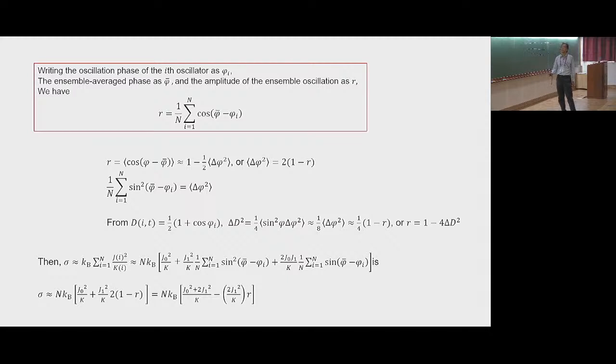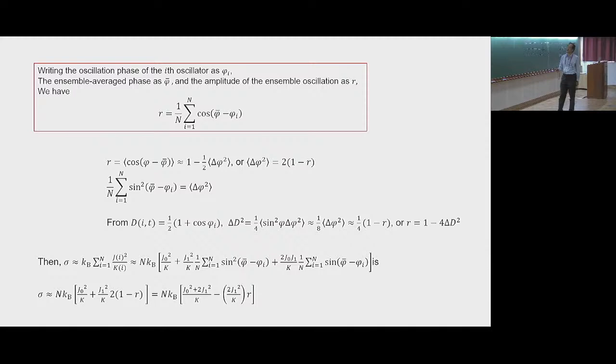If individual oscillators have the same phase as the average, then R equals 1. But if the phases are random, R equals 0. So this is an order parameter representing the amplitude of oscillation. If desynchronization is not so strong, if the system is almost synchronized, so that delta phi is a small quantity, then R can be expanded like this.